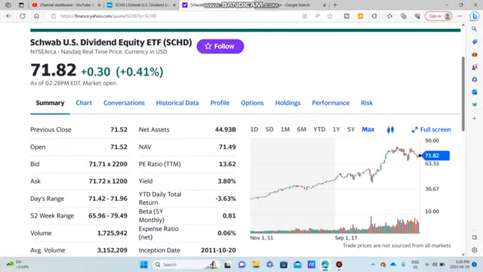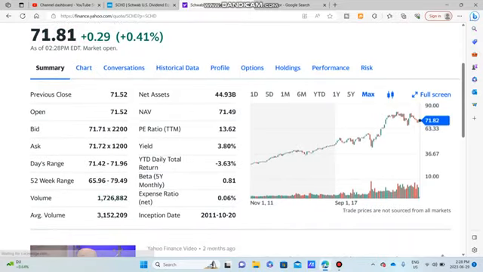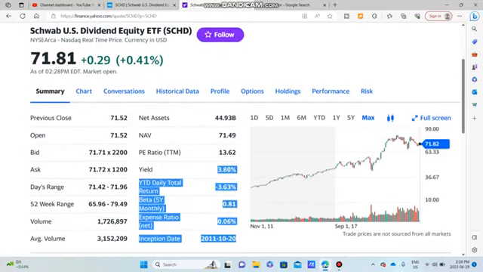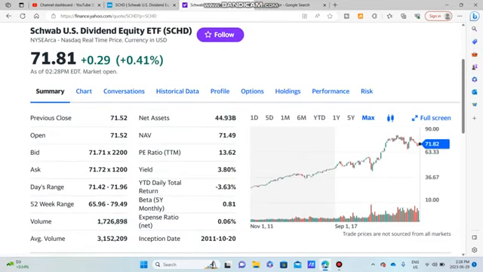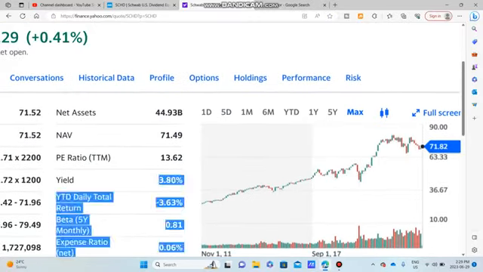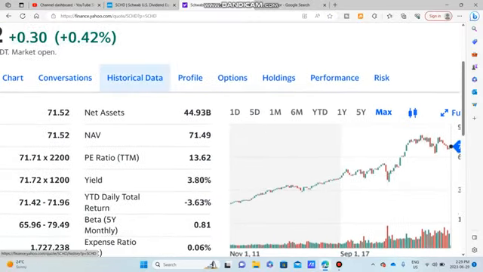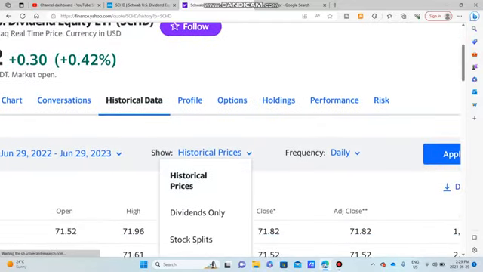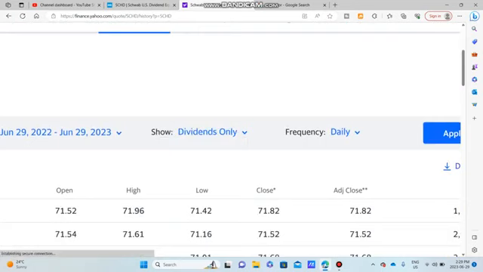For those of you who love dividends, and I know we all do, this only pays about a 4% dividend, which isn't too bad. I honestly do like SCHD. Yes, they don't pay a massive dividend, but what I want to show you is their historical dividend data, because they have an amazing track record of increasing their dividends.